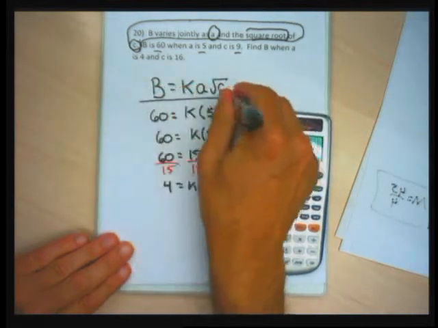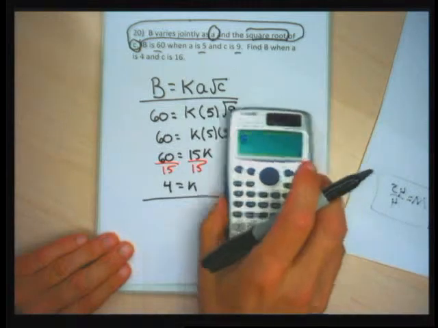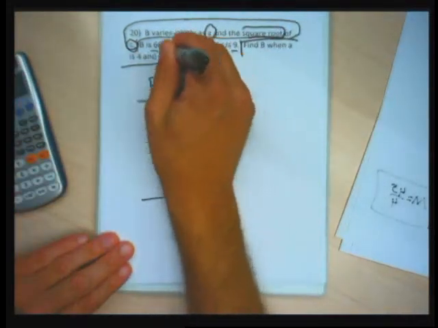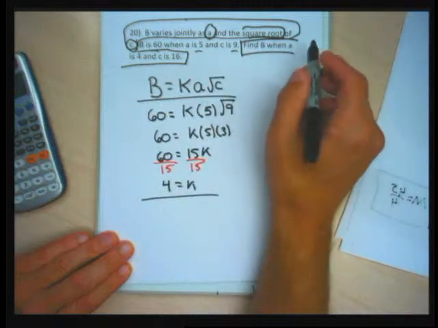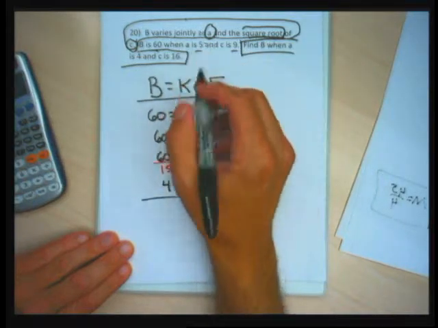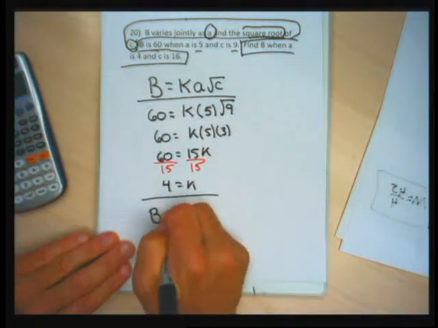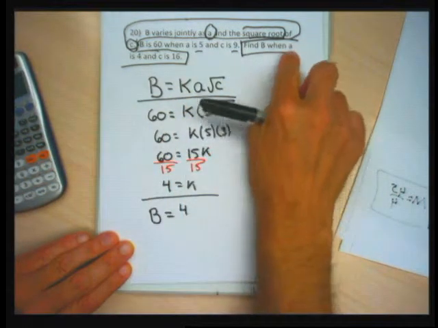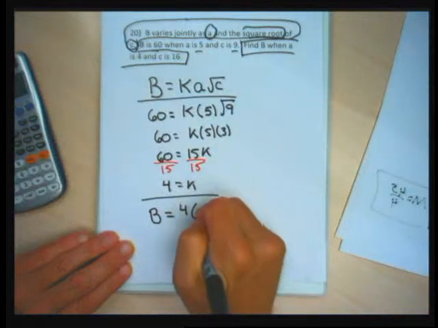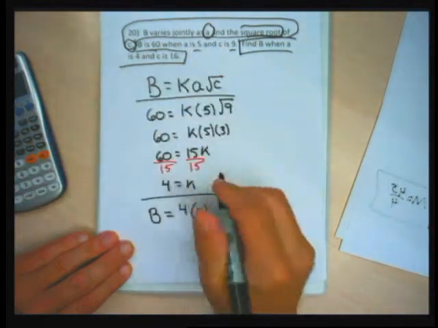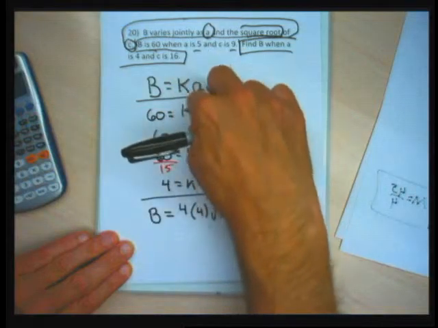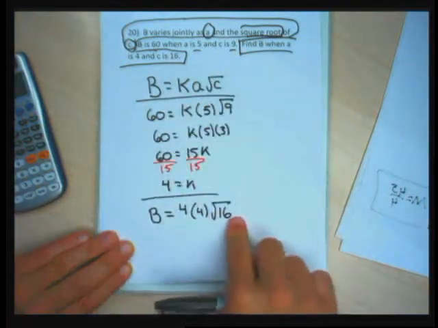So I used the first sentence, the second sentence, and now I'm going to use the last sentence. The last sentence wants me to find B when A is 4 and C is 16. So I'm going to go B equals, in for K I'm going to plug 4, in for A I'm going to plug 4, and for C I'm going to plug 16. So K is 4, A is 4, C is 16, and do this.